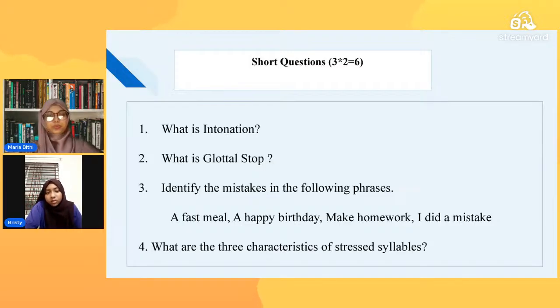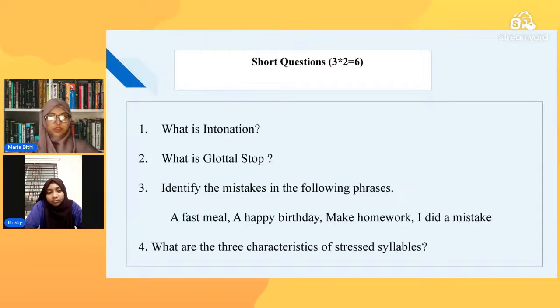Number 4. There are 4 characteristics of express syllable. They are, miss, number 3. First, it is a quick meal. Happy birthday is right. Make homework is do homework. As the mistake is right.